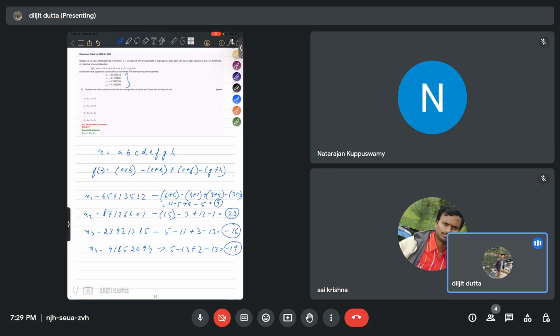So arranging in order of fitness, x2 is the most fit, then comes x1, then x3, then x4. So that is the first solution. Simple problem.